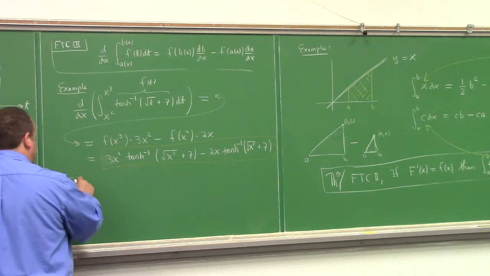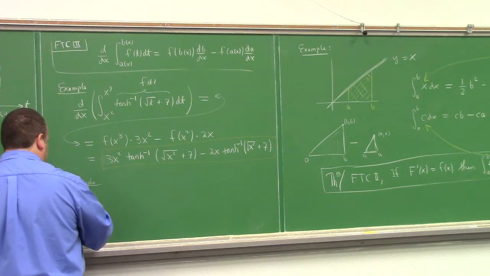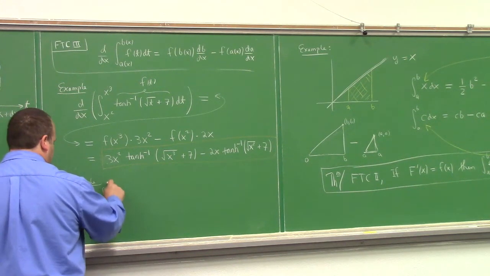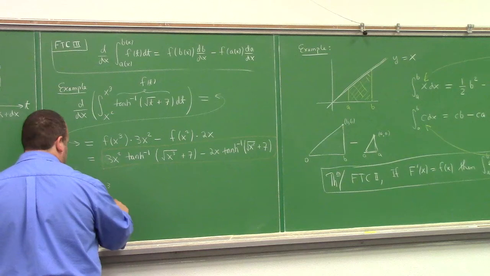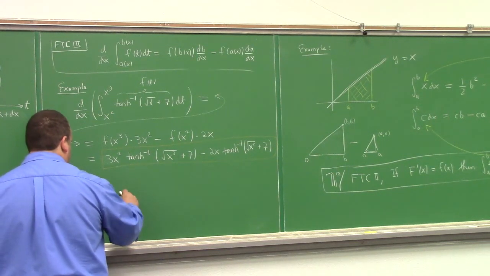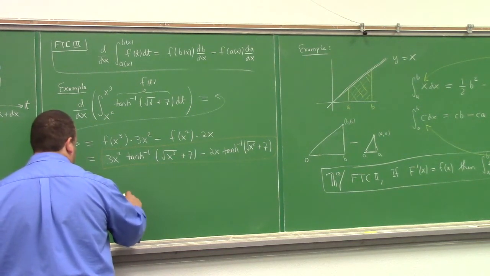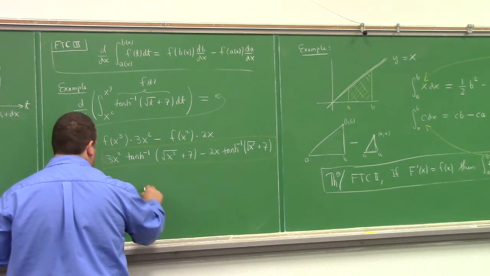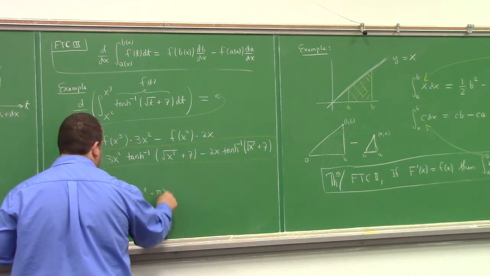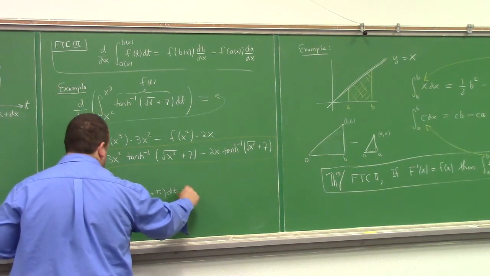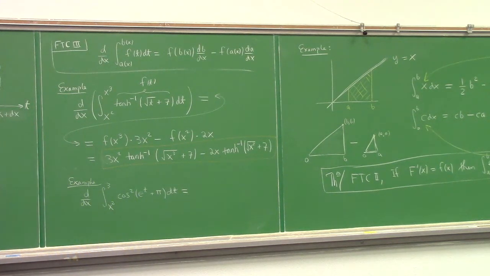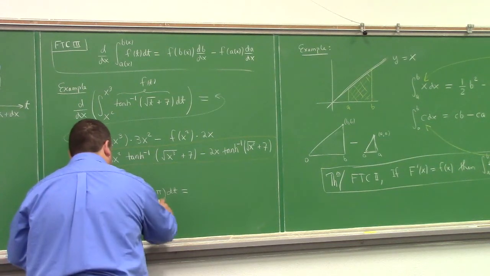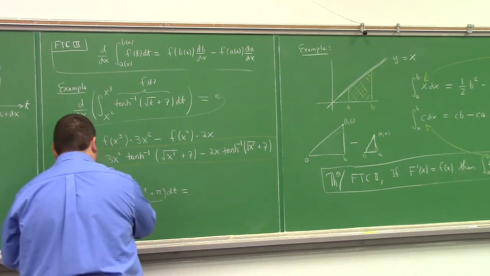I'll do one more example. Calculate the derivative with respect to x of the integral from x squared to 3 of cosine squared of e to the t plus pi, dt. So again, we identify this as my integrand f of t and apply FTC3.